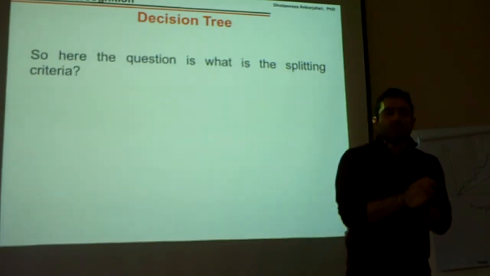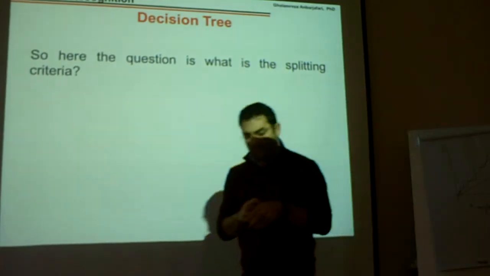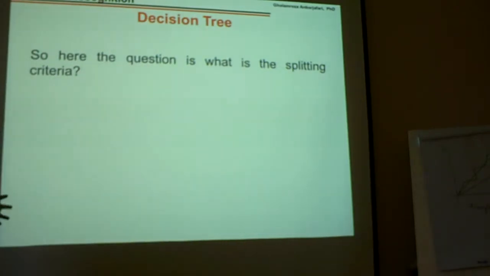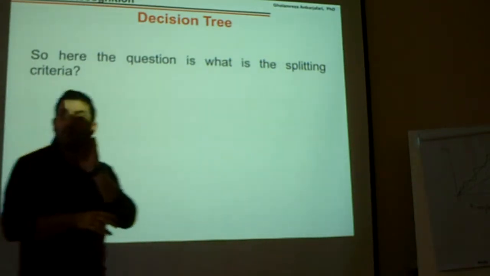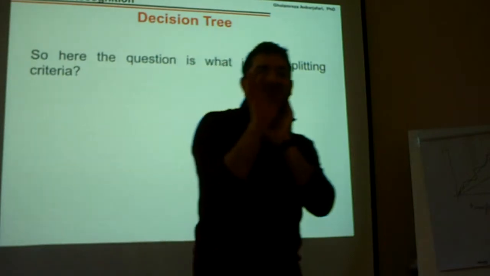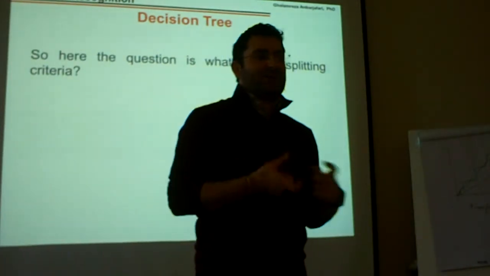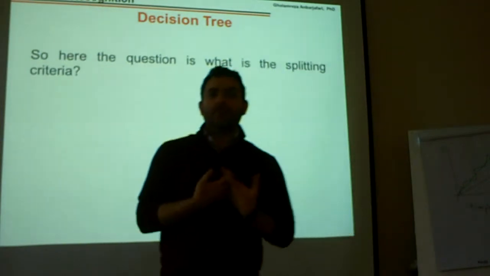So, what do you think when I have continuous output? What is the best splitting criteria? The input. Sorry? Like the input. You have seen it quite a lot because we have talked about this type of thing before.